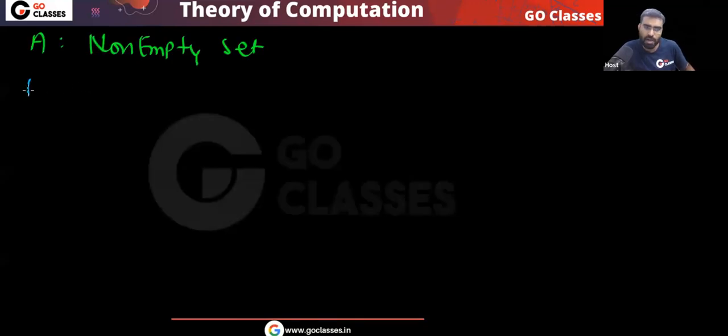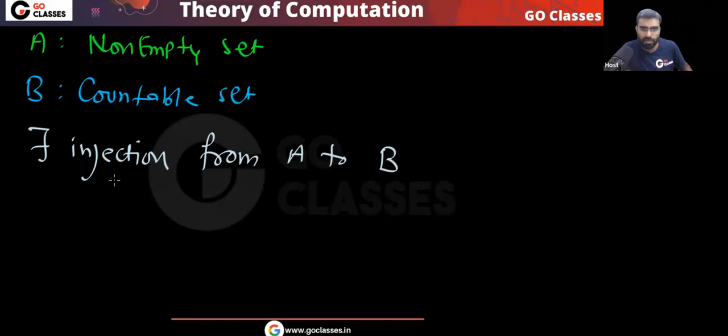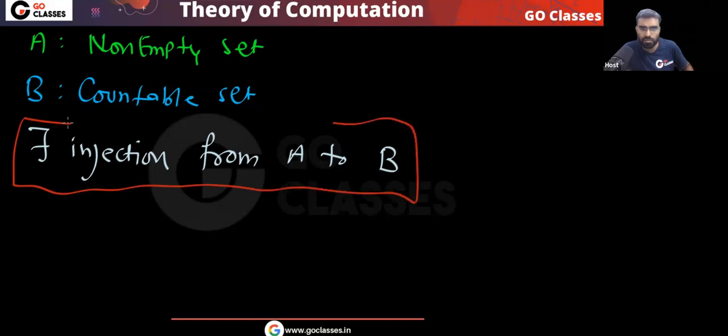Let's assume B is countable, and there exists an injective function from A to B. If there exists an injection from A to B, what does that tell you about the size?